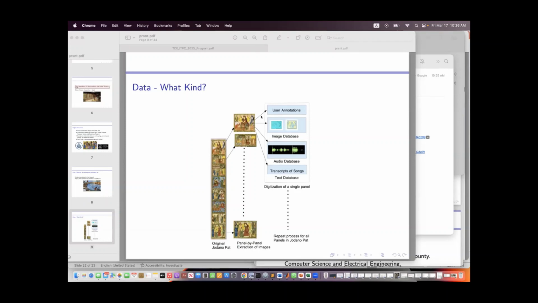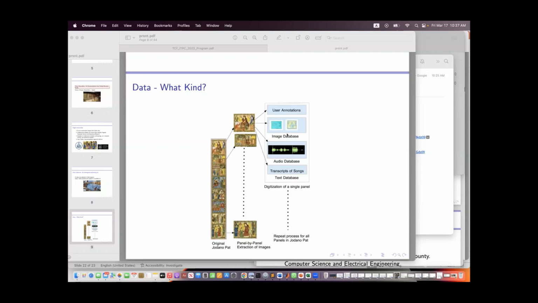And from these, we will then connect to audio databases, transcripts of song, textual databases, and so on, which basically stores both the image information and a lot of, so it stores the image as a JPEG file, and it also stores the text of the song, the transcripts of the song, because some of this is non-English. And so we really have to translate it into English and then do the indexing and search here.